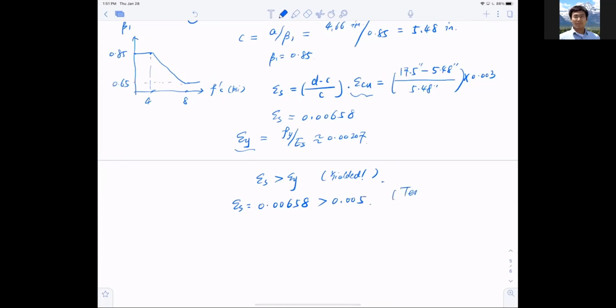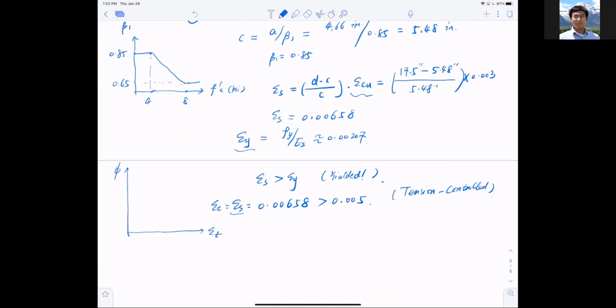This is even better because it's tension controlled. What does it mean? Now if it's tension controlled, I draw a phi, and this is epsilon t, isn't it? You say, Bob, this is epsilon s. Did you misread? No, I did not, because I have only one layer, so that equals that.